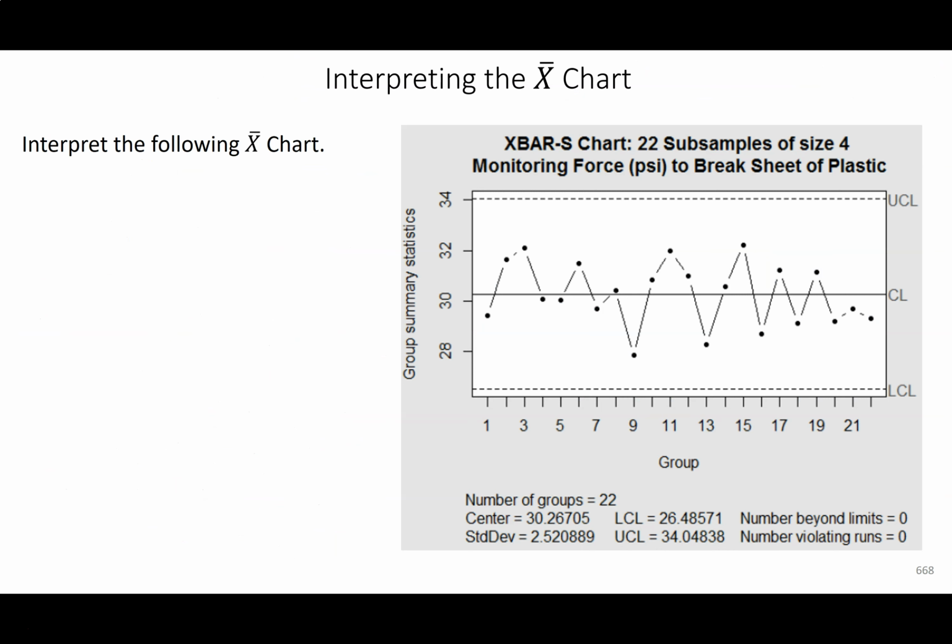So here, I'm interpreting an X bar chart, so we want to go ahead and look at this. So the first thing I'm going to look at is, here's my control limits. Are my points within here? Yes, I would argue that yes.